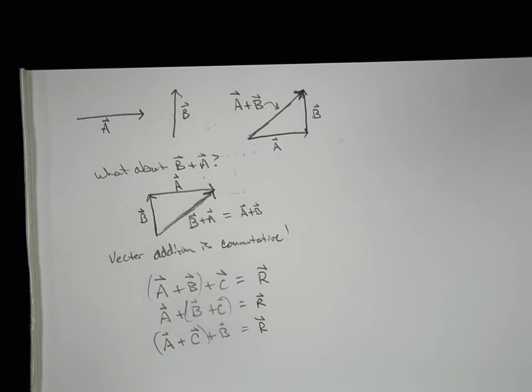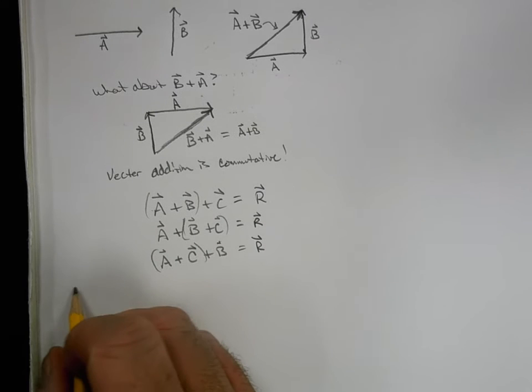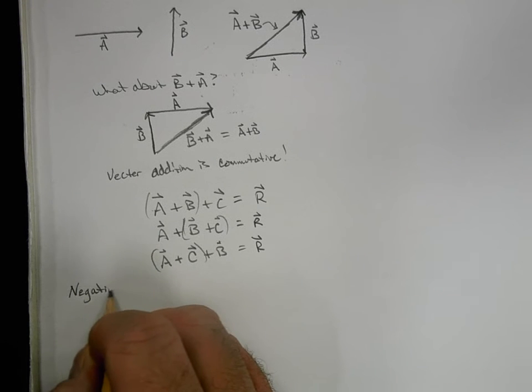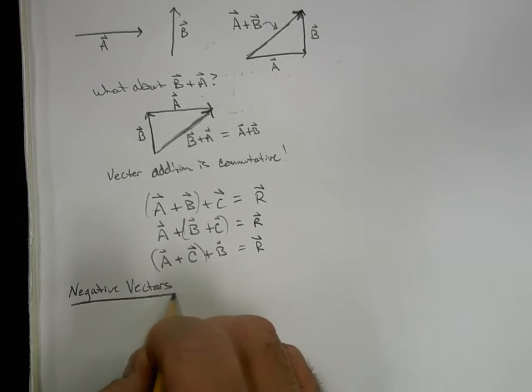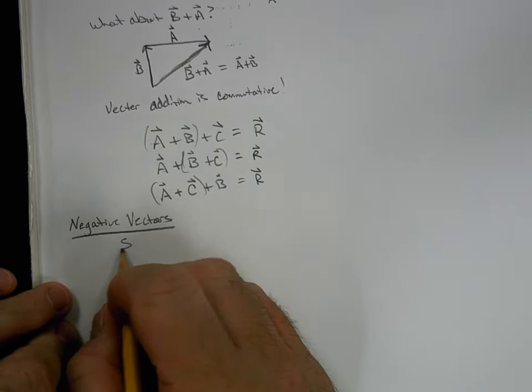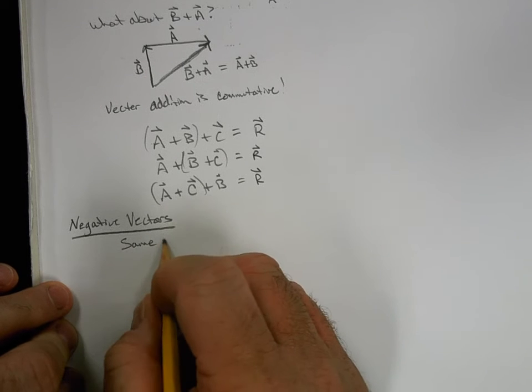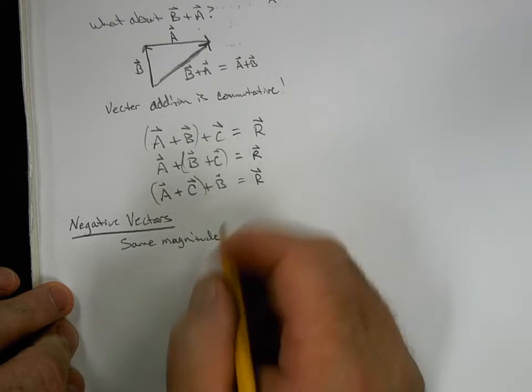Now you may be asking yourself, that's addition, what about subtraction? Well, before we get there, we're going to talk about negative vectors. Negative vectors have the same magnitude as their positive, but they have opposite direction.